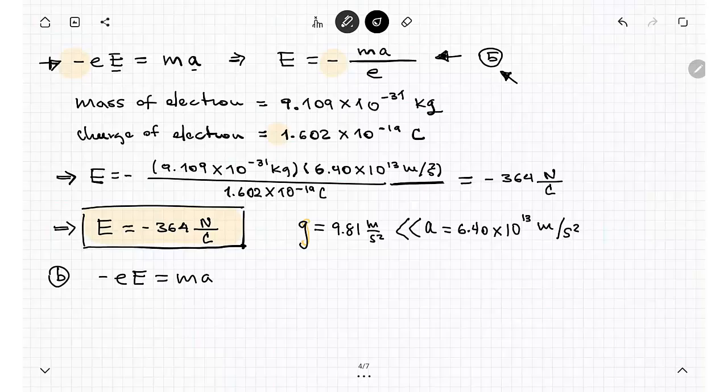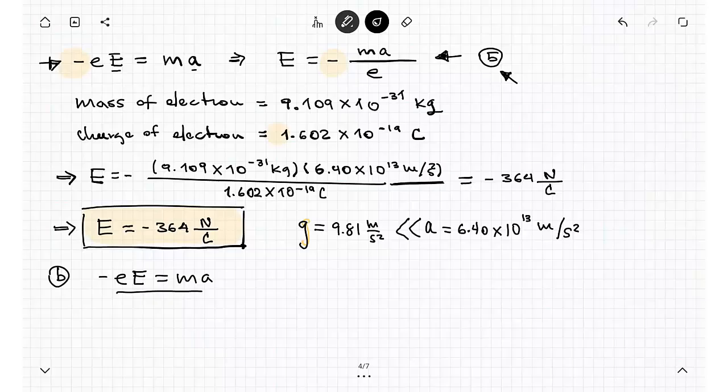We use that equation to find the acceleration of the proton.